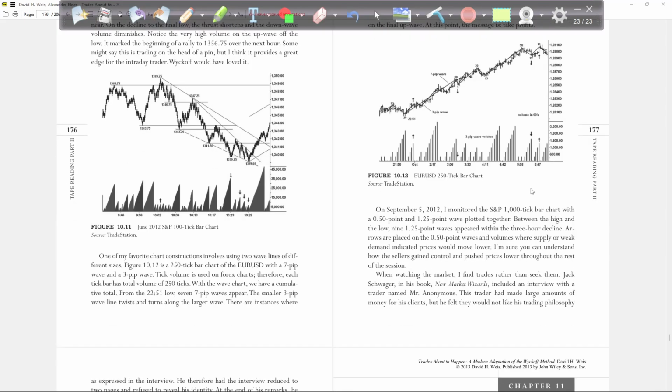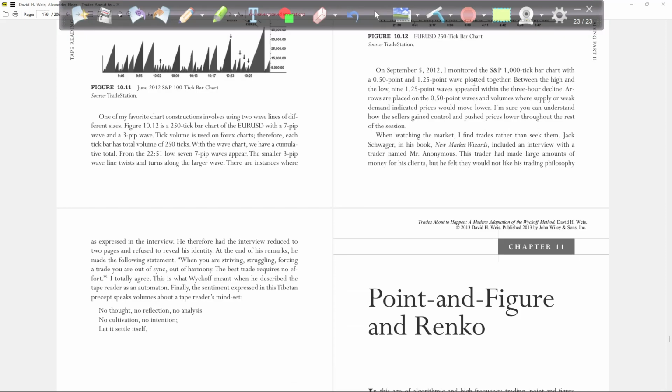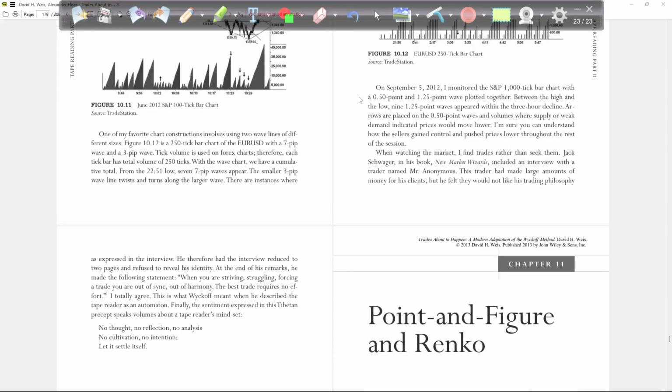On September 5th, 2012, I mentioned the S&P 1000 tick bar chart with a 0.50 point and 1.25 point wave plotted together between the high and the low. 1.25 point waves appeared within the 3-hour decline.